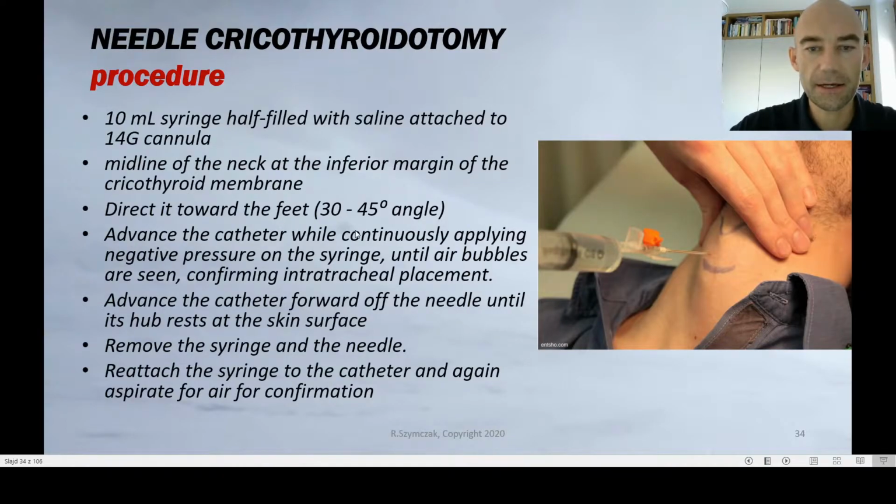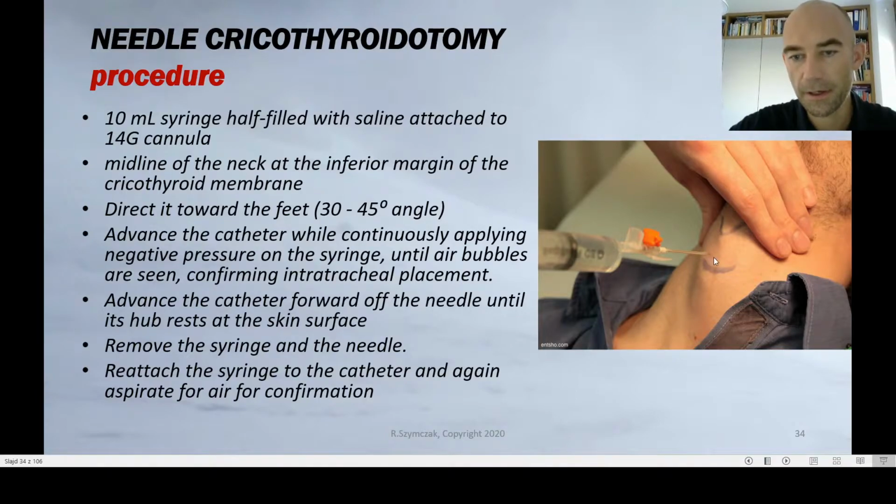Then you take a 10 milliliter syringe, half filled with saline. You attach to the syringe the wide bore cannula, the biggest one you have. In my work, the biggest one is a 14G cannula, the orange one, and you puncture the cricothyroid membrane over the inferior margin of this membrane.